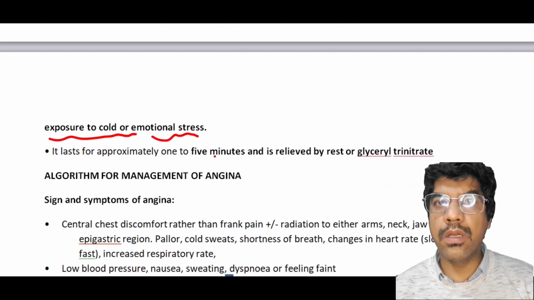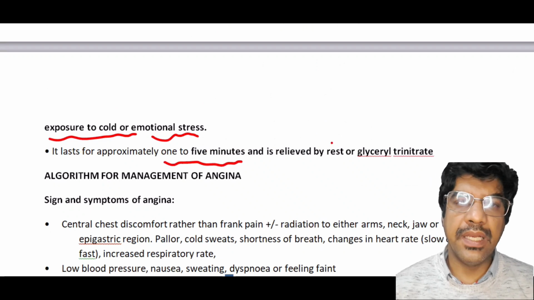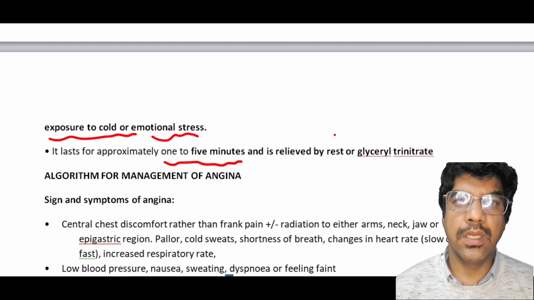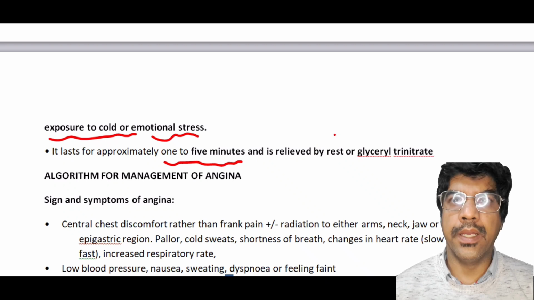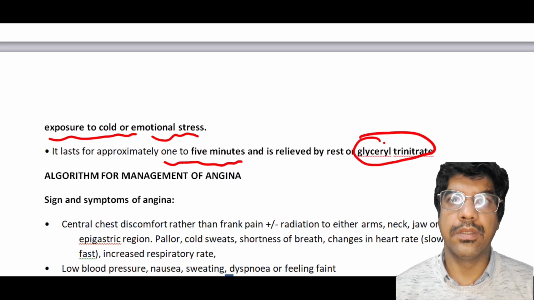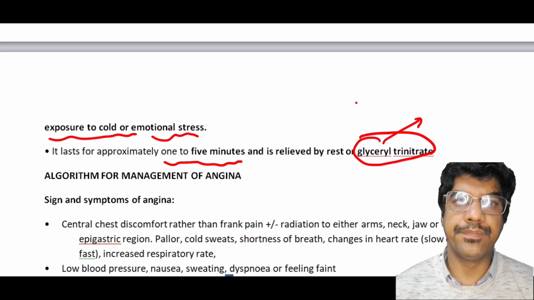The pain lasts for around 1 to 5 minutes, and it can be relieved either by rest or by sublingual glyceryl trinitrate. You just put it under the tongue and it will give you relief.